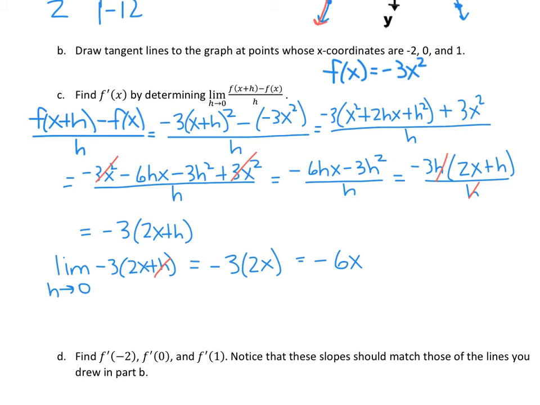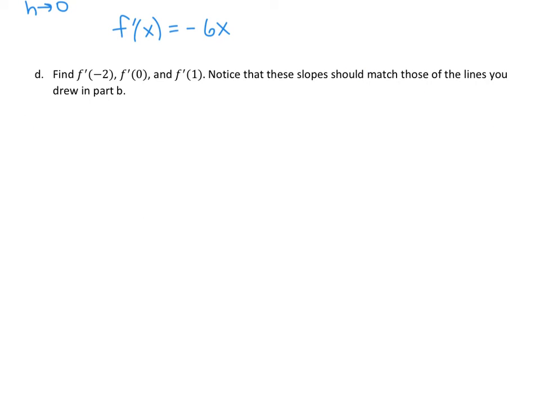And keep in mind that the limit of the difference quotient gives us the slope of the tangent line. So now we can use this f prime of x, negative 6x, to find the slope of a tangent line at a given x value. So now in part D we're asked to find f prime of negative 2.